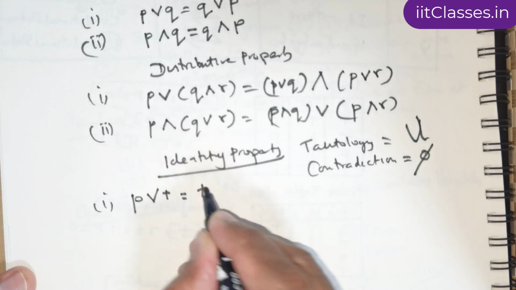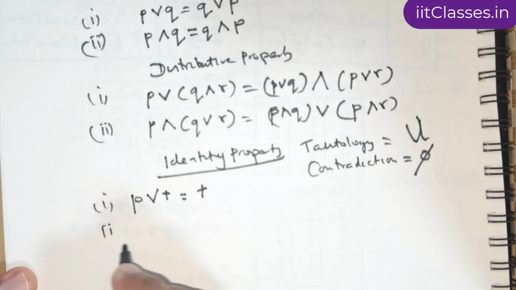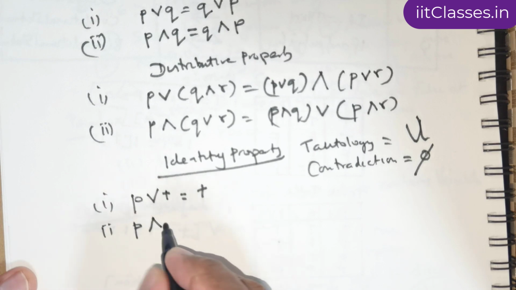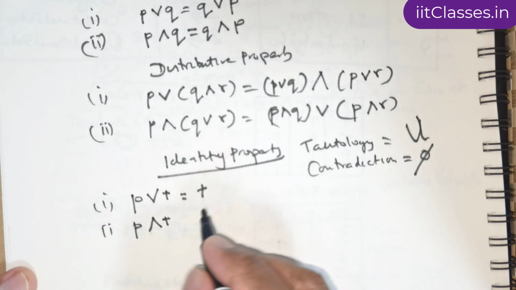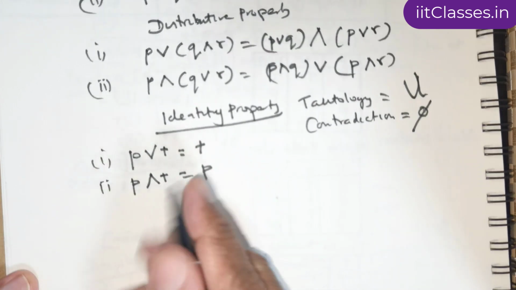You will get a tautology. That's the universal set. Property number 2. What would happen if you have P conjunction T? In this case, it's P intersection T. So what do you get? You get P, because this is the smallest set, this is the largest set.